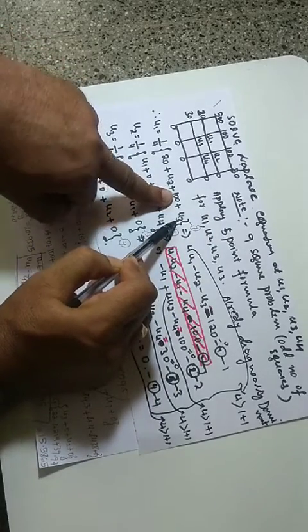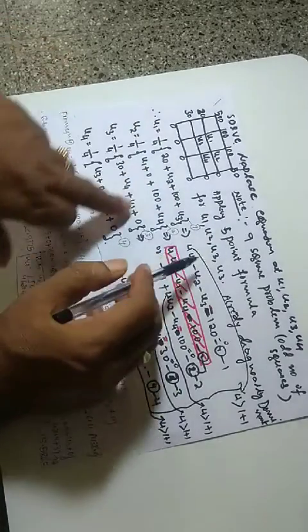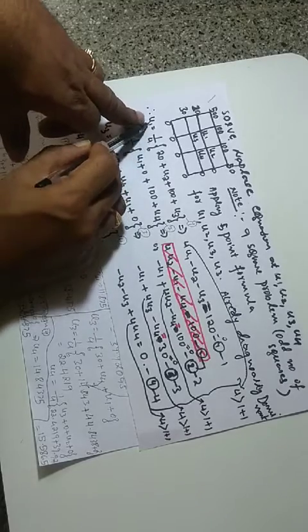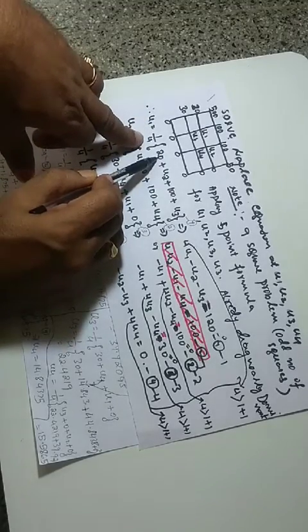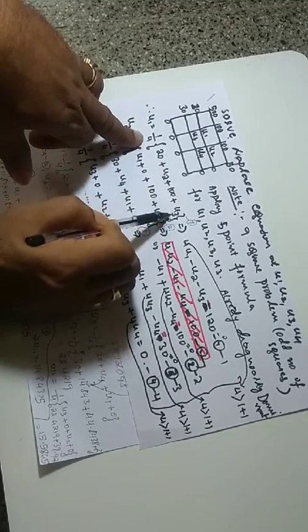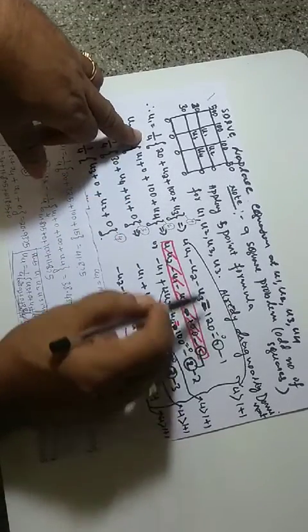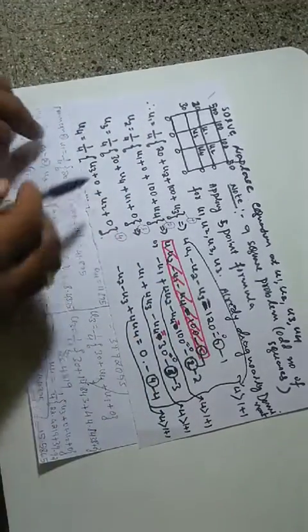So if I cross multiply, 4u1 minus u2 minus 100 minus u3 minus 20 is equal to 0. Shifting this to this side, this is the equation you are getting.